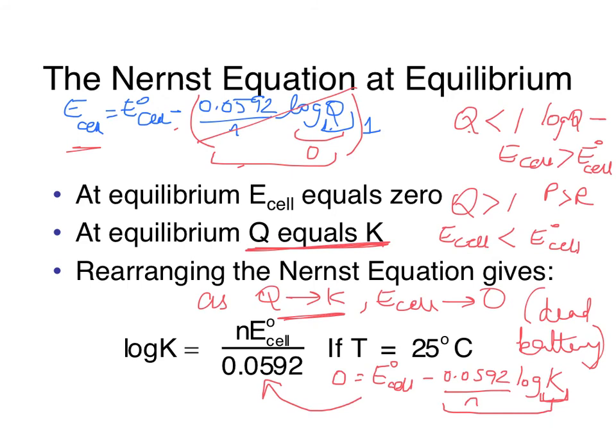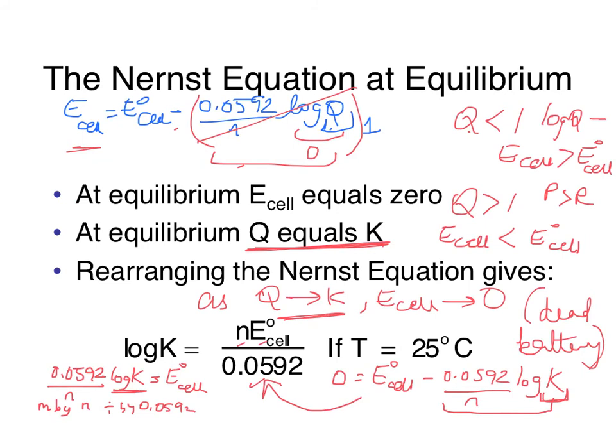So my equation will start looking like 0.0592 divided by n log of K is equal to E naught cell. And now I'm going to multiply both sides by n and divide by 0.0592. When you do that, log K remains on the left hand side, and the right hand side will look like n E naught cell divided by 0.0592, and that'll be your equation.